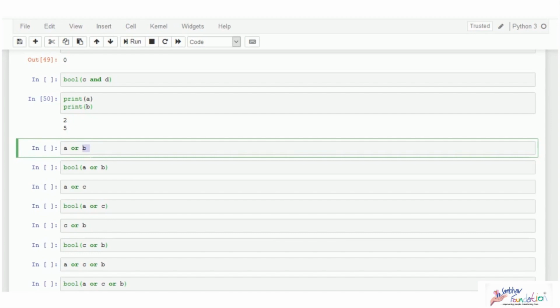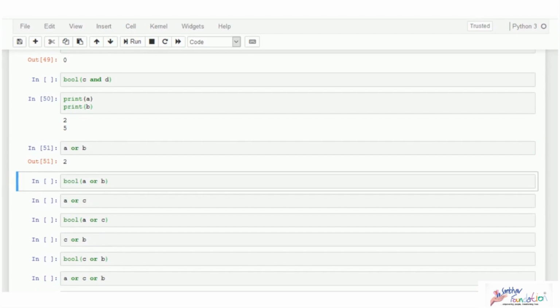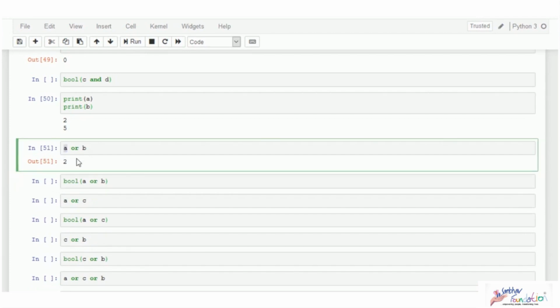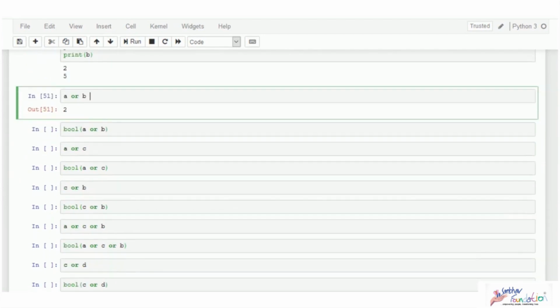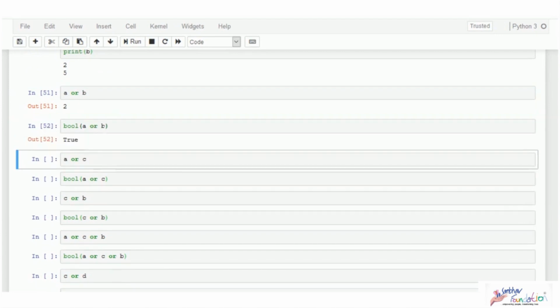And as I said, in OR, if any one value is true, the result is always true. So here we have true or true, so the answer will be the first number. As I said, it is opposite of AND. In AND, when both were true, we got the second number. In OR, when both are true, we get the first number. So the Boolean value of this non-zero number is true.